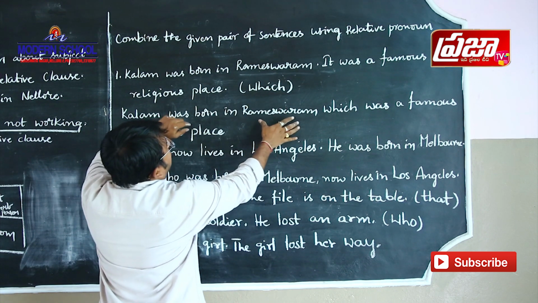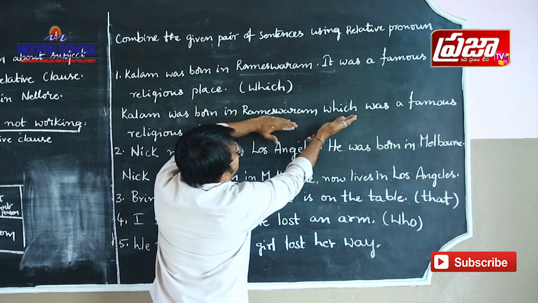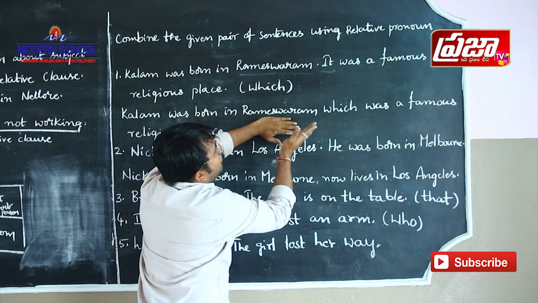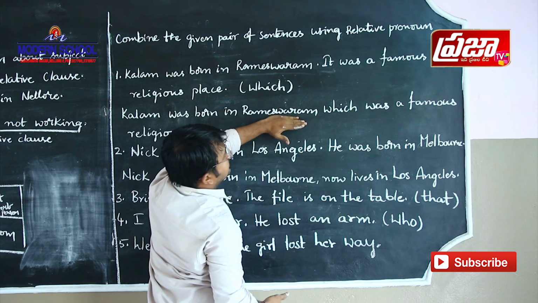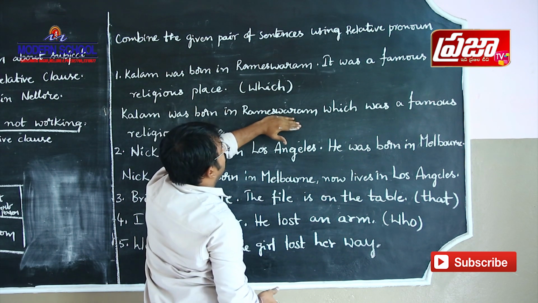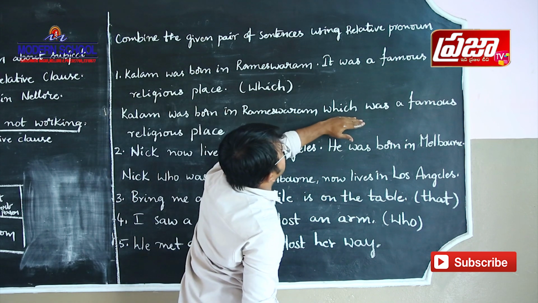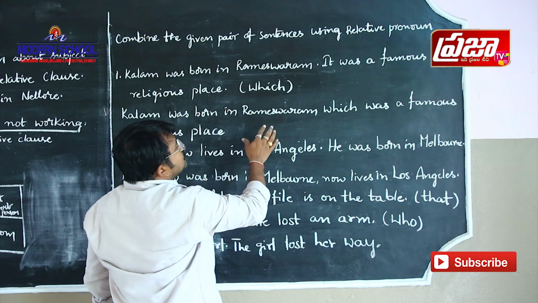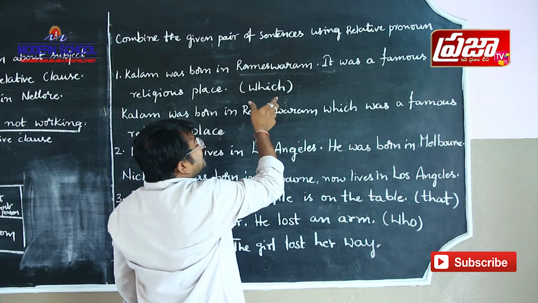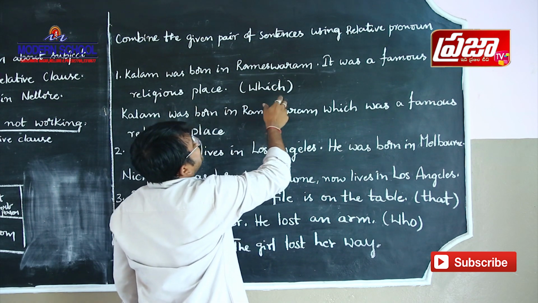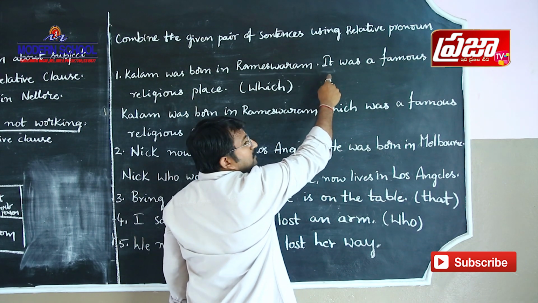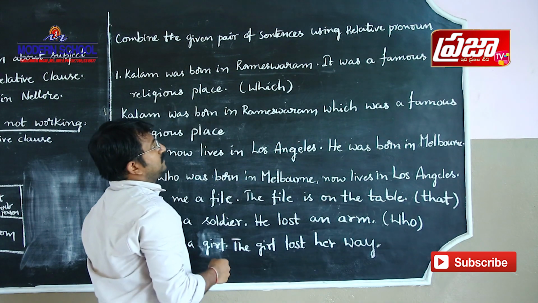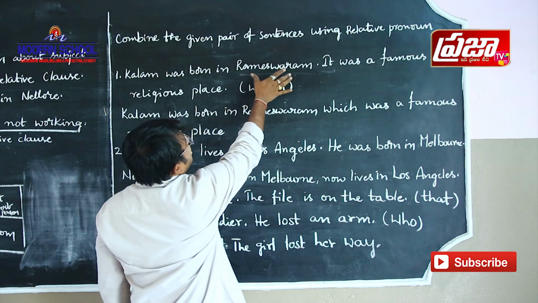So here, after this noun, we use the relative pronoun. Where do we have to use the relative pronoun? After the noun. Which noun? The noun which is interrelated with the other noun or the pronoun in the other sentence. So this is the noun.